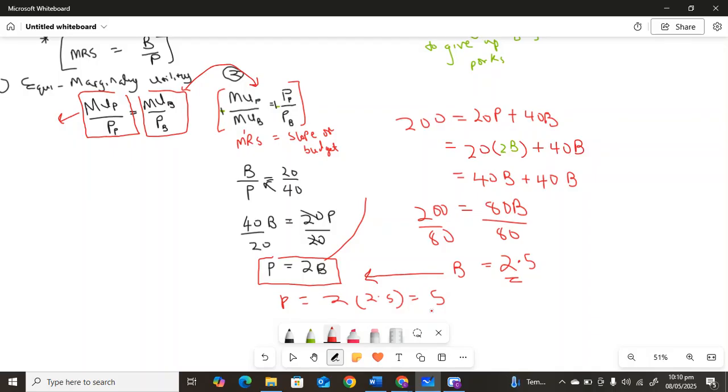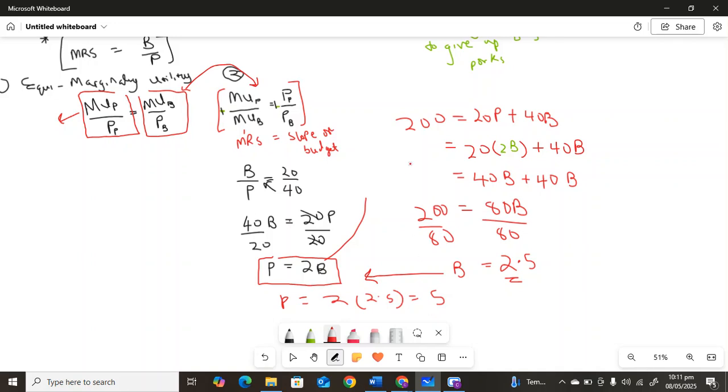So for this consumer to get the most satisfaction when they go to this grocery market to buy pork and beef, they need to get 5 units of pork and 2.5 units of beef. And when they get that, they are going to get the most satisfaction. Okay, they would have used up their whole 200 kwacha and they will get the most satisfaction.